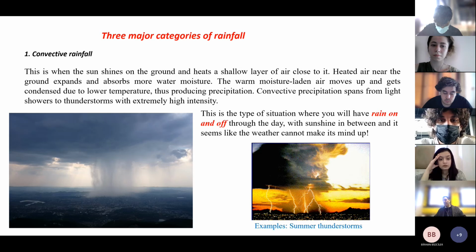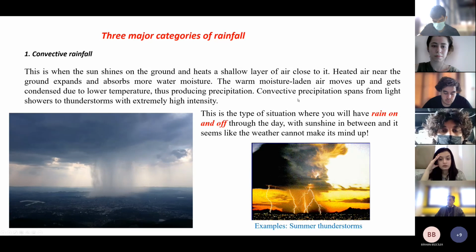What will happen? A cloud forms, the warm air gets condensed due to lower temperature, thus producing precipitation.